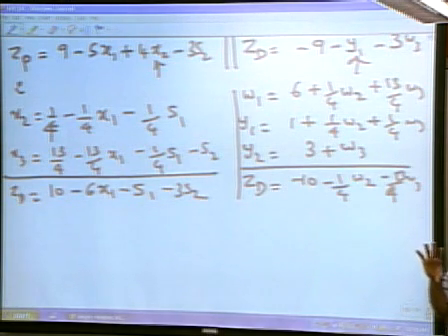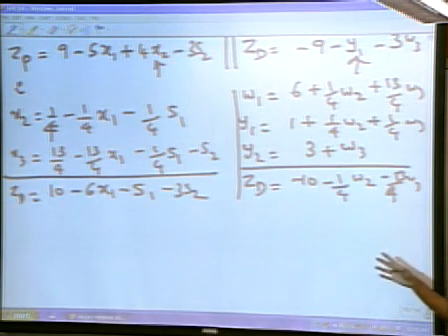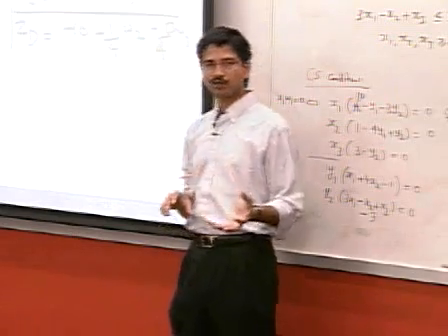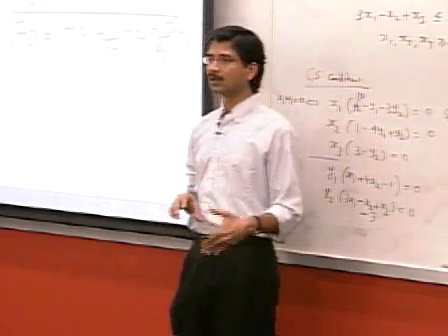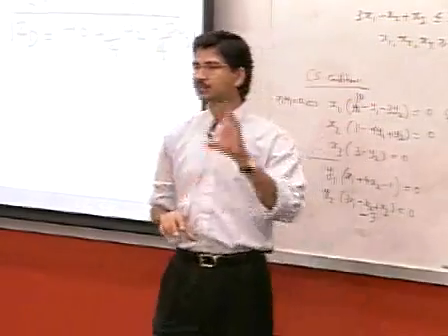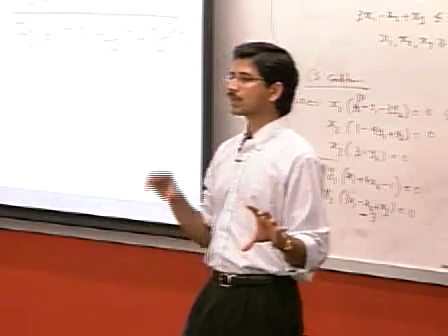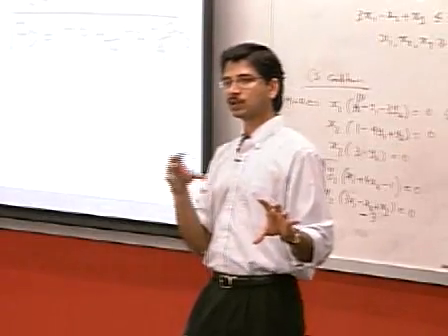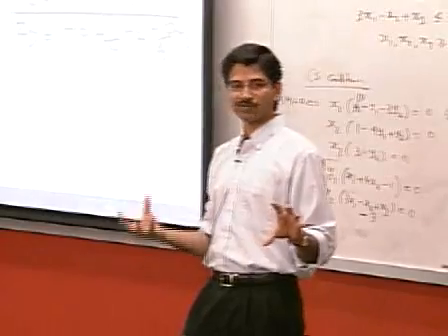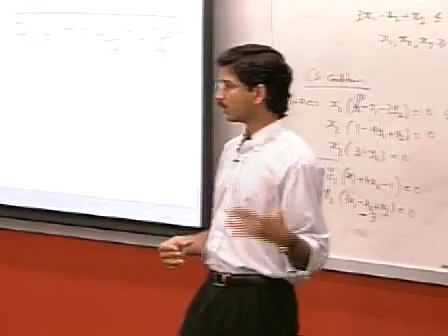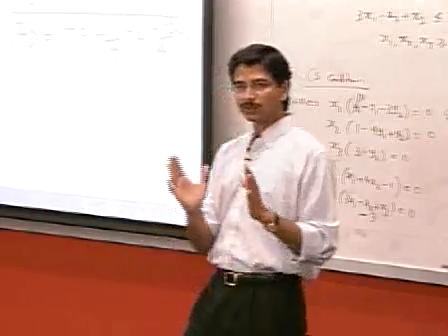Well, apart from discussing the dual simplex method, I want to show you a simple proof of the strong duality theorem. Remember, the strong duality theorem says that if I have an optimal solution x to the primal problem, I have an optimal solution y to the dual problem with the same objective value. So the idea that we are going to follow is to start with a primal problem.